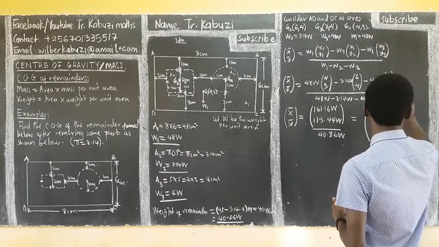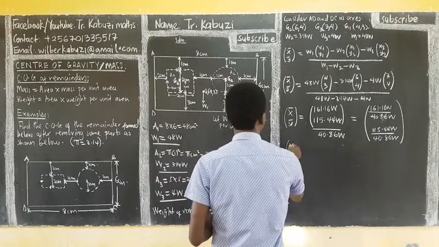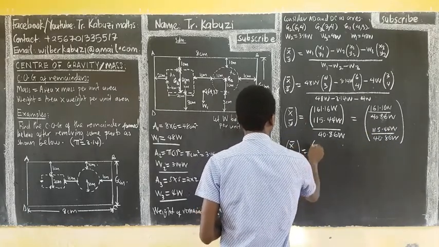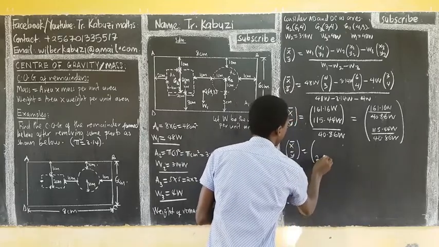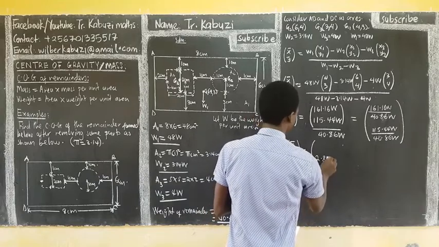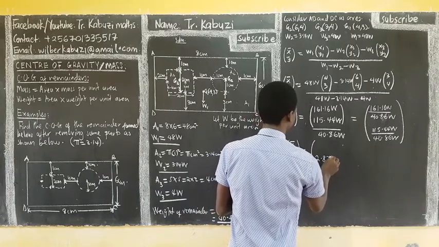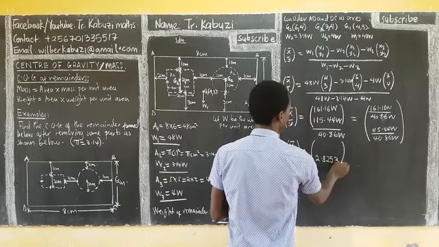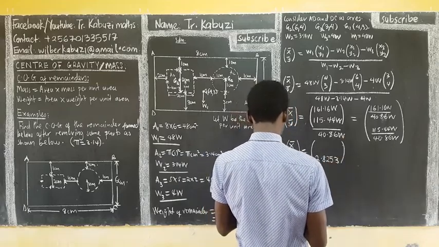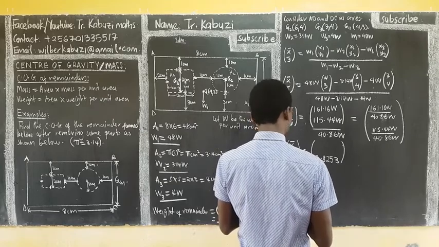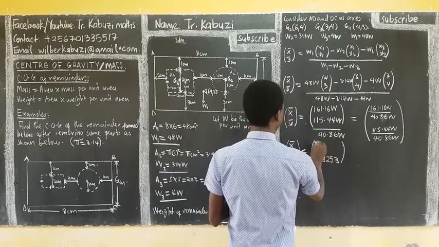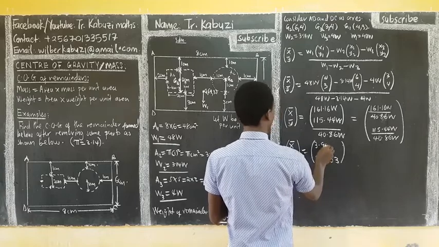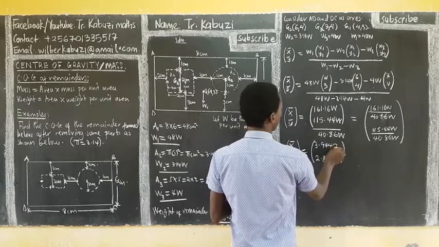And so here my X bar, Y bar is going to be the first coordinate. Here I'm getting 2.8253 for the small case. Then up I get 161.16 divided by 40.86. Here I'm getting 3.9442.